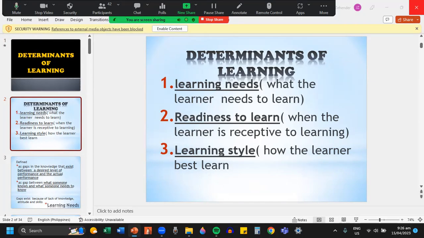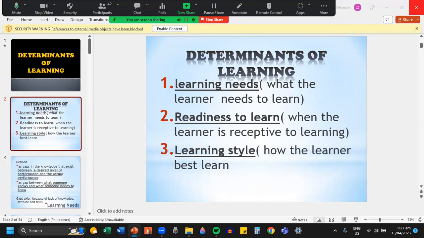Number two, readiness to learn. So kung kailan ready or kailan receptive ang student to learning. So this readiness to learn, I've mentioned this a couple of times back then. This is determined by a lot of factors.